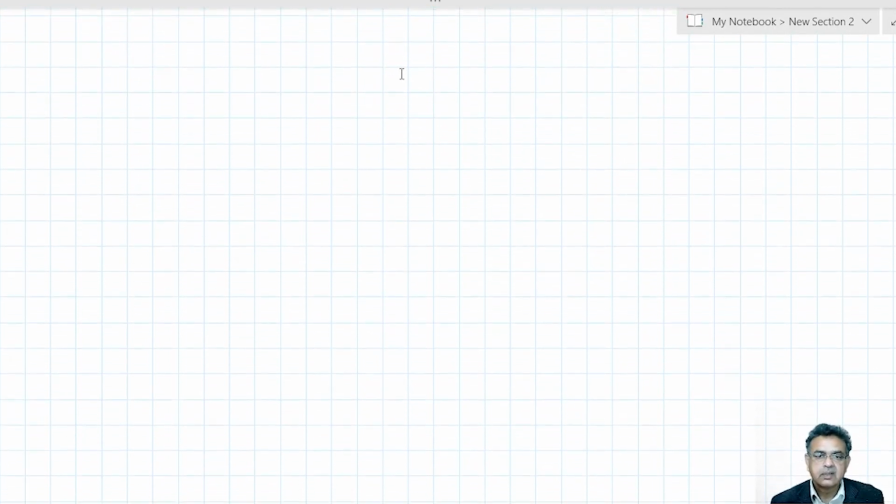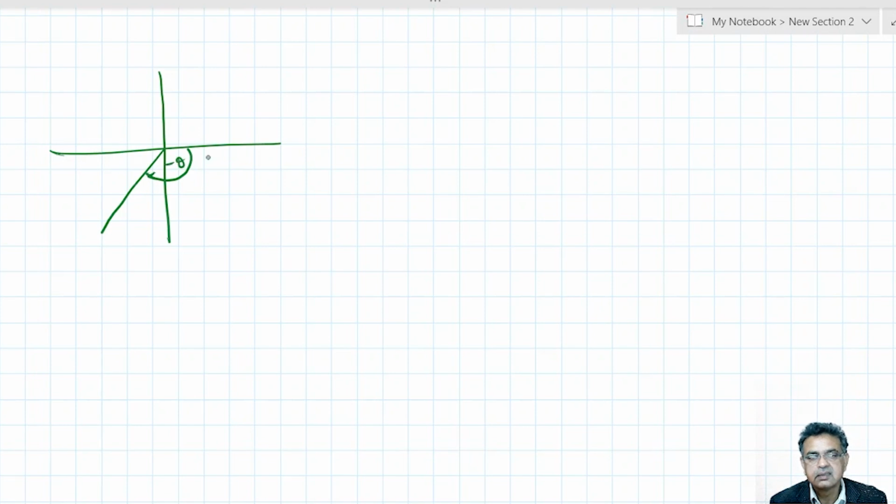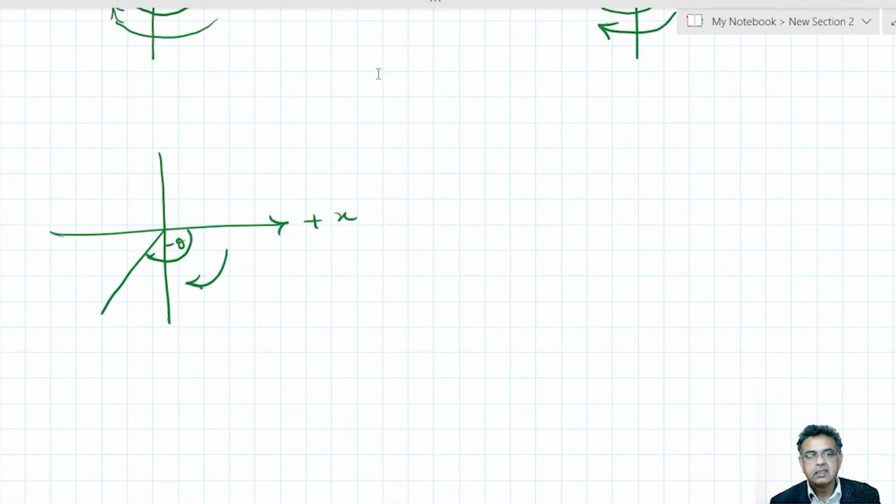Okay. Now, what if the line is in third quadrant? Line is here in the third quadrant, then starting with positive x-axis clockwise, this is negative angle, this is clockwise, and this is in third quadrant.